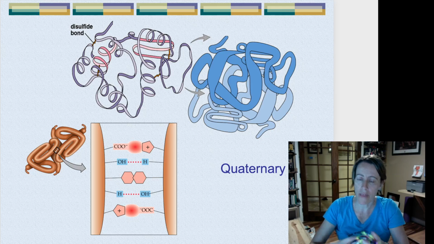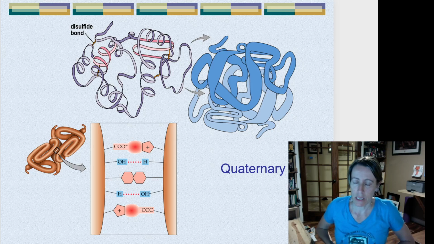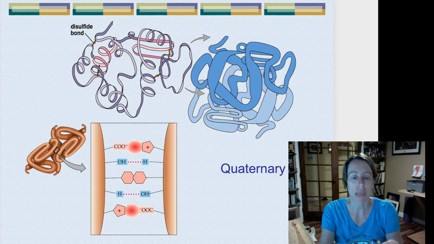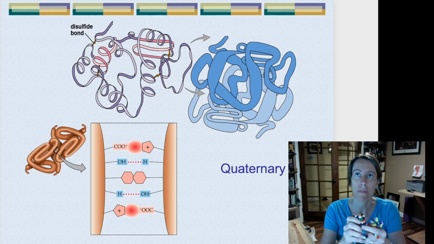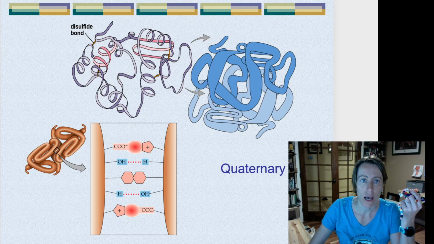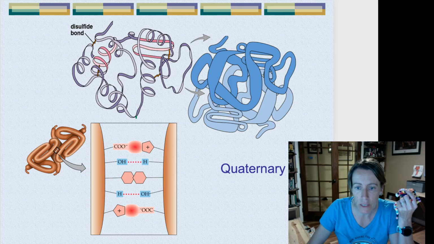What holds together the subunits are the same interactions that we had at the tertiary level, except for the disulfide bridge. So that's what the diagram here is showing you. On this diagram, you can see the different kinds of interactions.